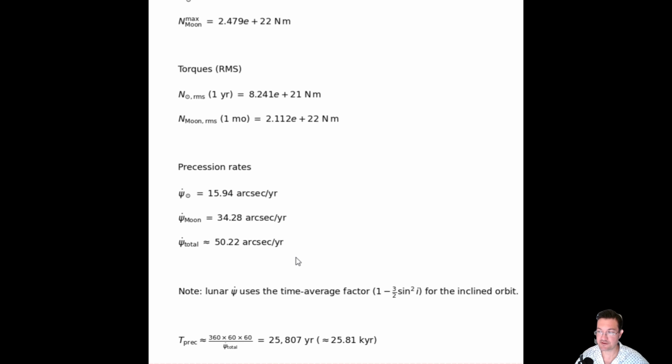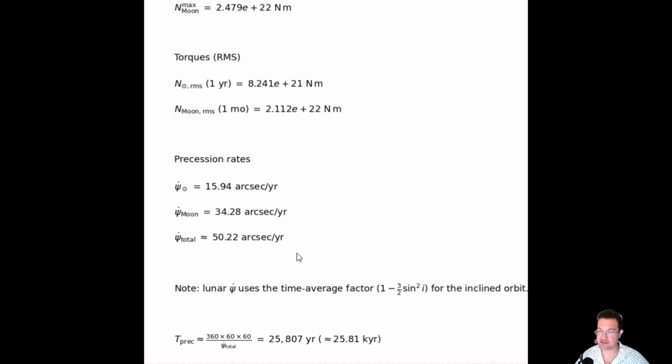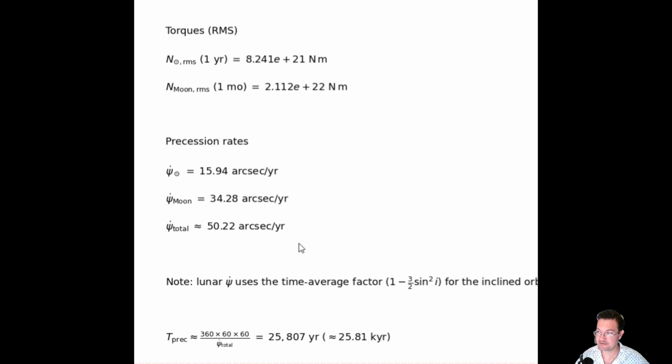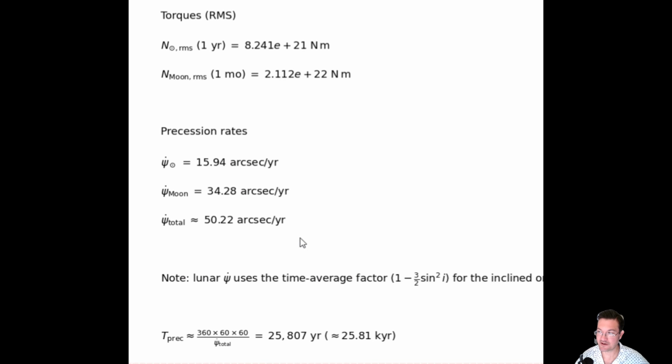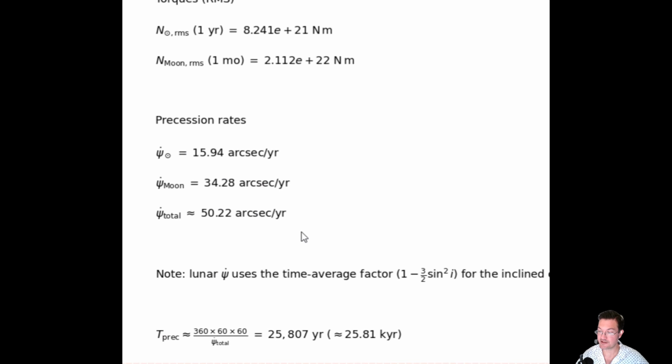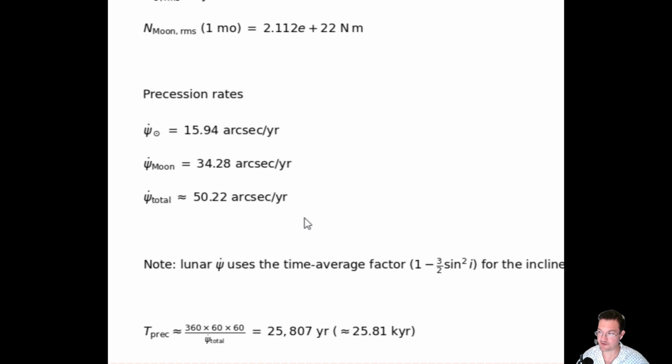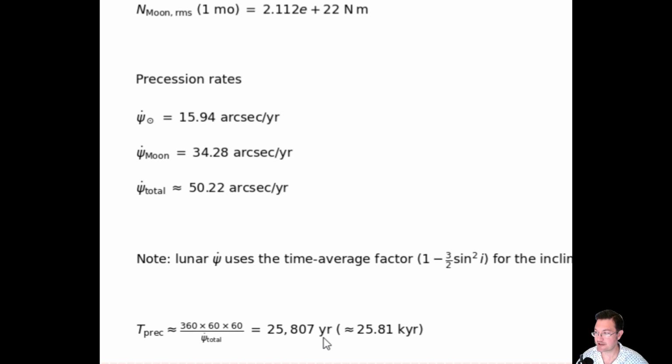And if you figure there's 360 degrees in a circle, 60 minutes in a degree, 60 seconds in a minute, and now we're talking 50 arc seconds per year, we can calculate the total precession of the equinoxes to do one full wobble of the Earth, and we got 25,800 years.